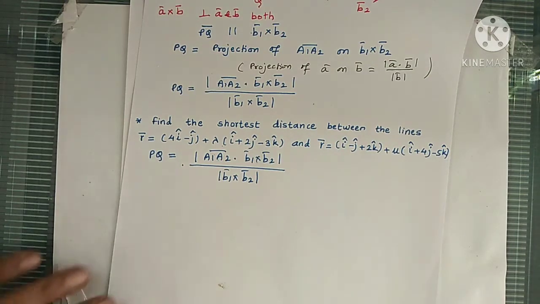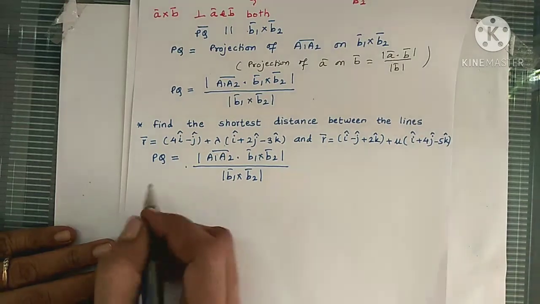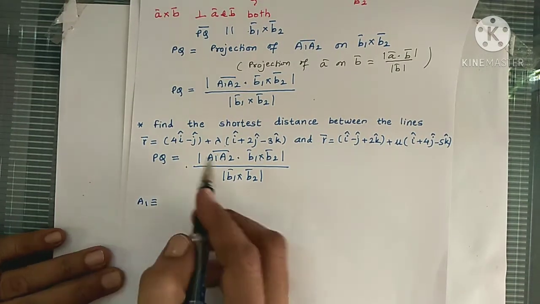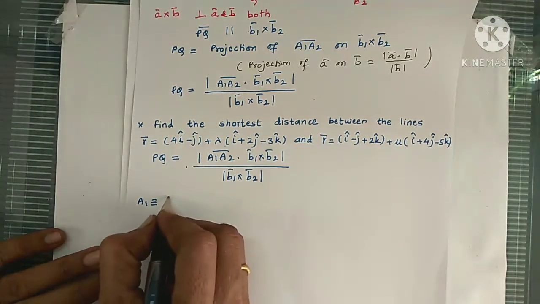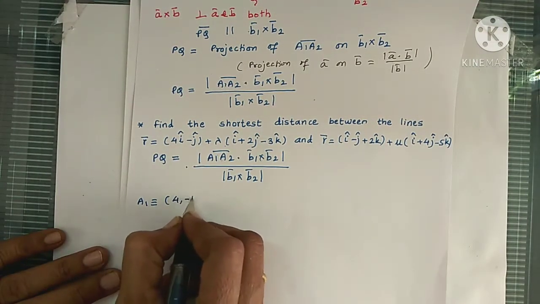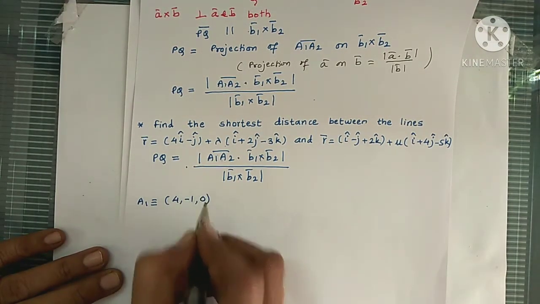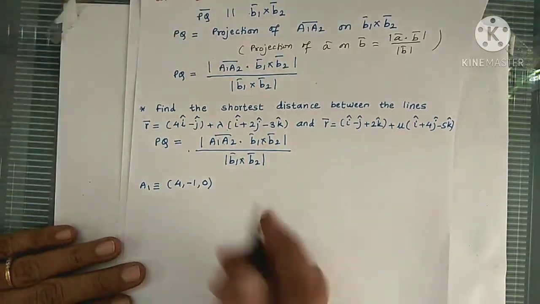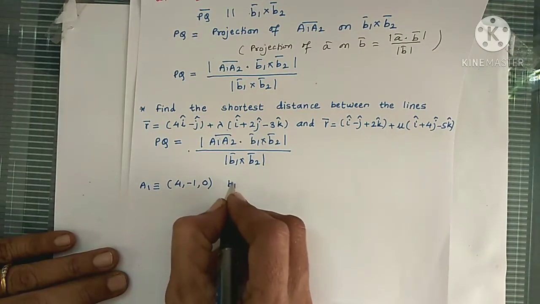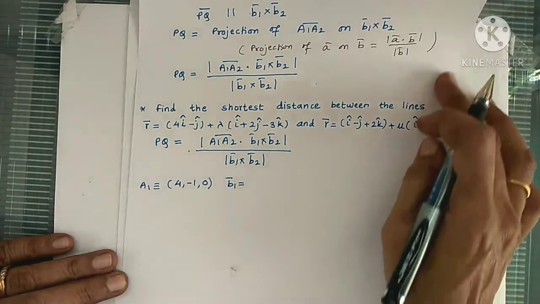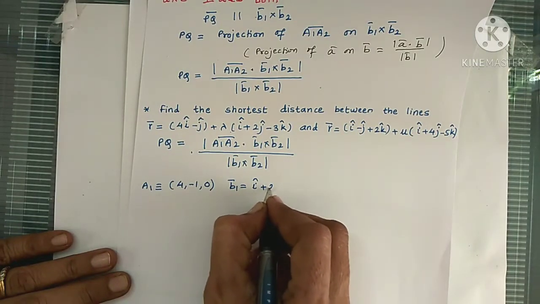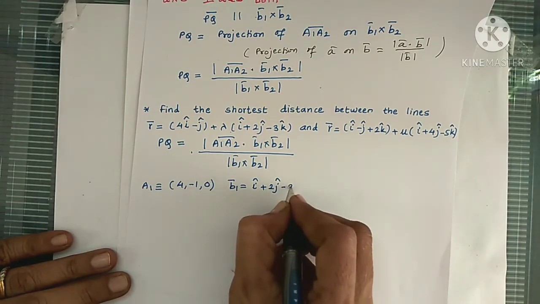So let's start. A1 is point on first line. So point A1 is 4i minus j. So it is nothing but 4, minus 1, term in k is not there, so it is 0. So 4, minus 1, 0. And B1 bar is vector parallel to first line, which is i plus 2j minus 3k.